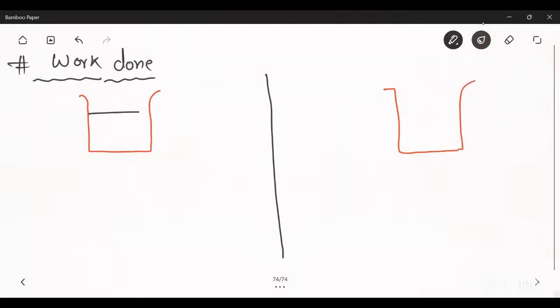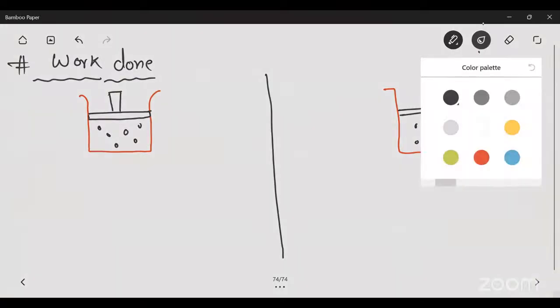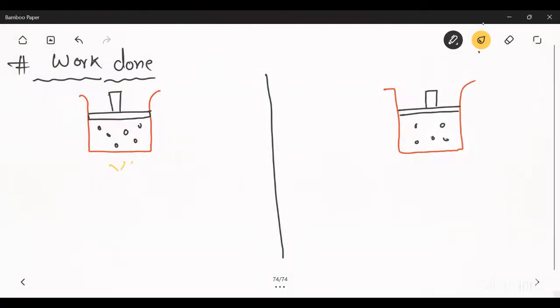Here is the piston. In the first case, gas molecules are inside it. Suppose you heated the first system, then what will happen?